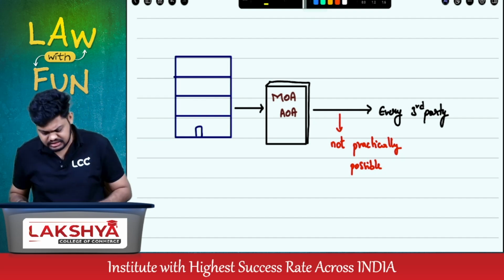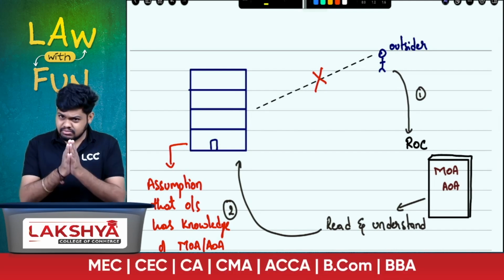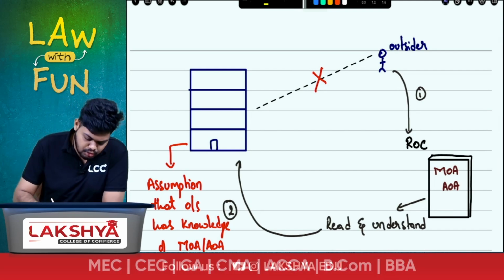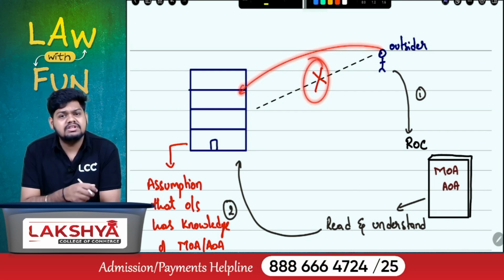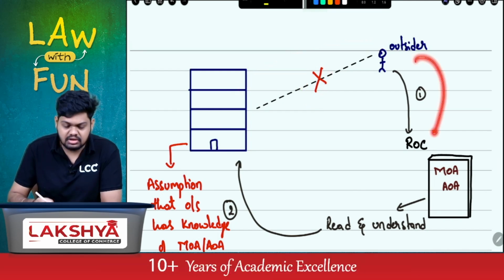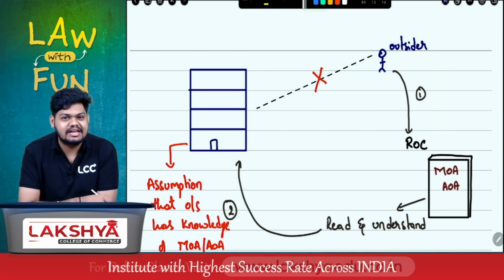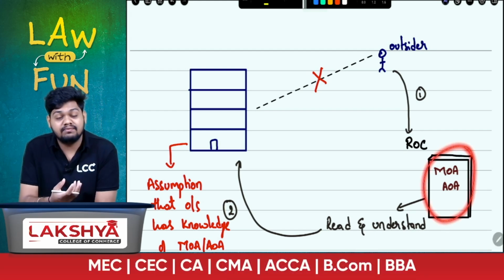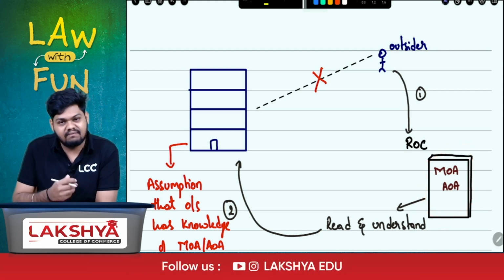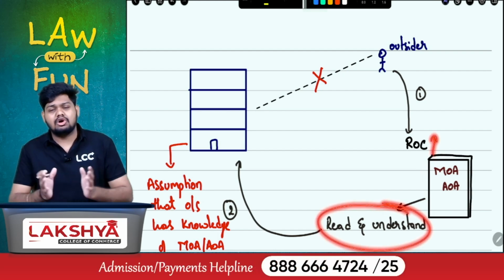Sir, how can you take this assumption? It states that an outsider, a third party, whenever he wants to enter into a contract with the company, doesn't come to the company directly. He first has to approach the ROC and request the MOA and AOA of the company with which they want to deal. Once the ROC provides these documents, they read, understand and inspect the documents properly.